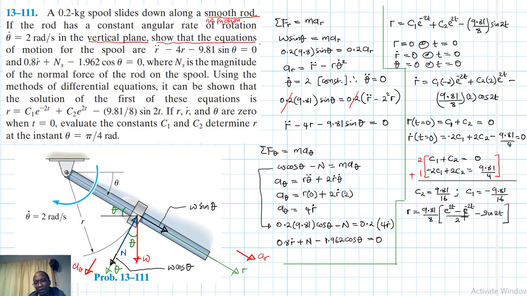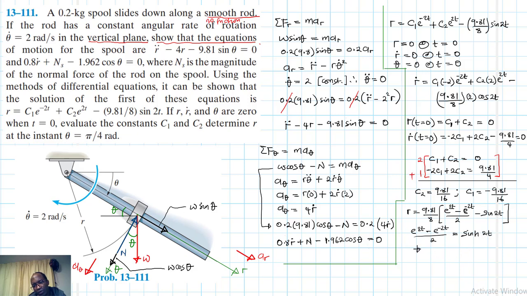So we know that this part, e to the power 2t minus e to the power minus 2t divided by 2, is just the hyperbolic sine function, right?